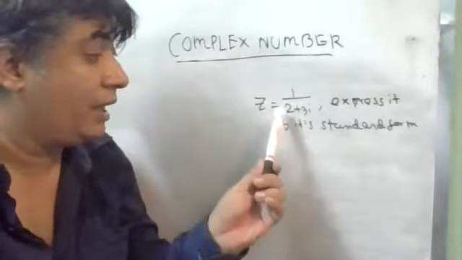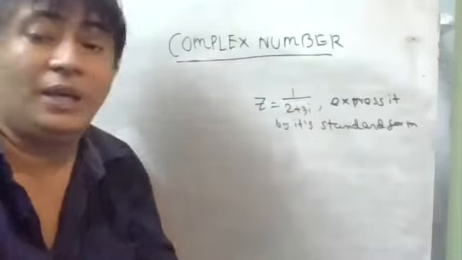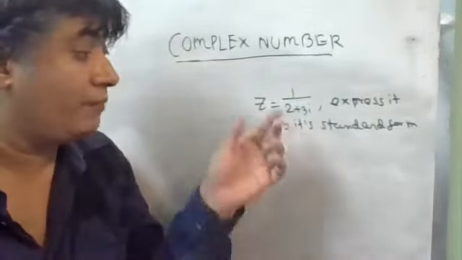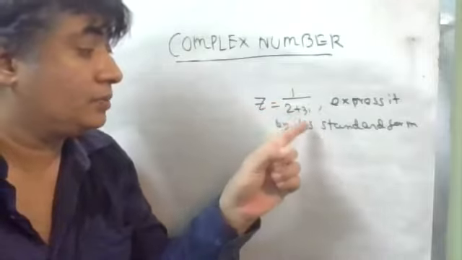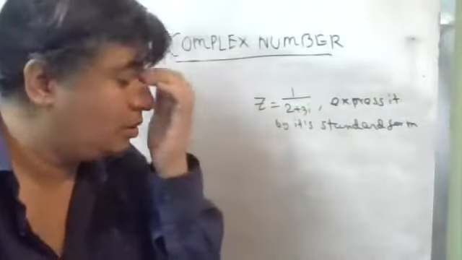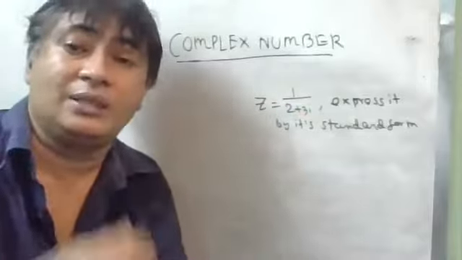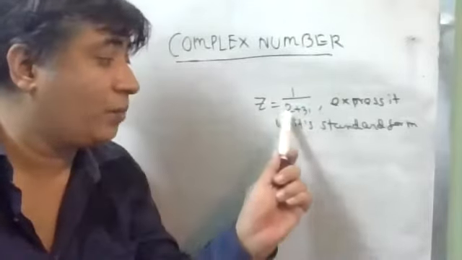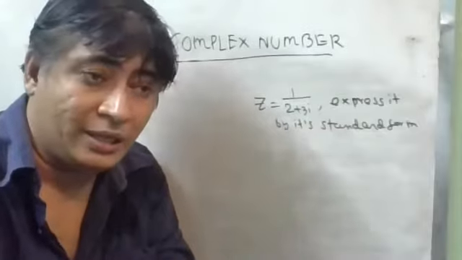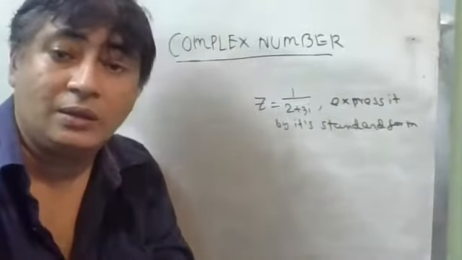But here, instead of x plus iy or a plus ib, I have i in the denominator. So I have to remove i from the denominator. How? We have come to know in the previous theorem that if a complex number is multiplied by its conjugate, the product will be real.